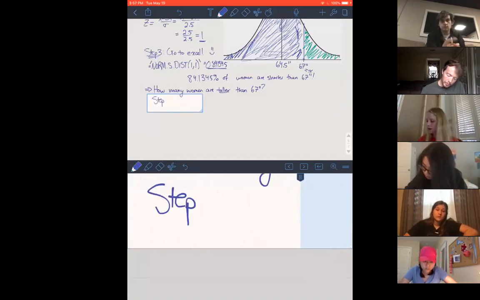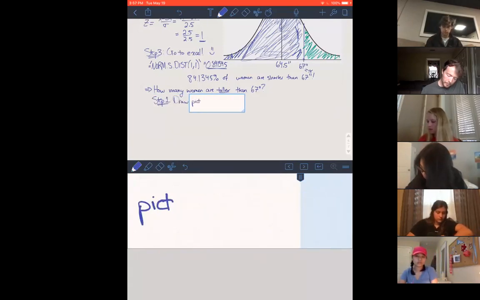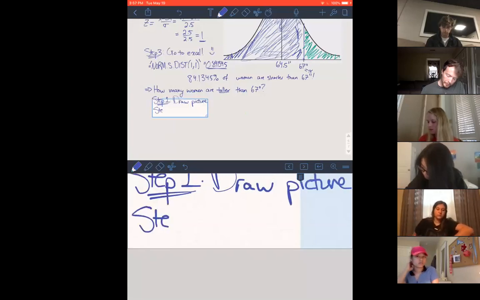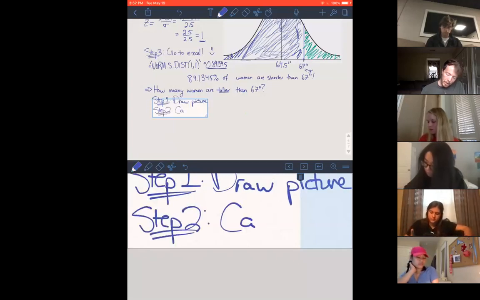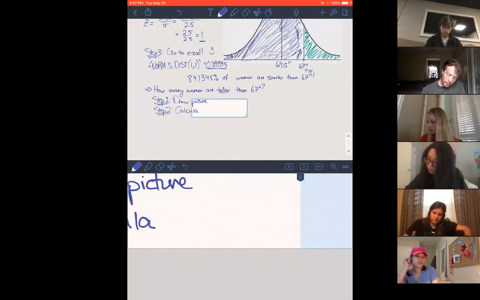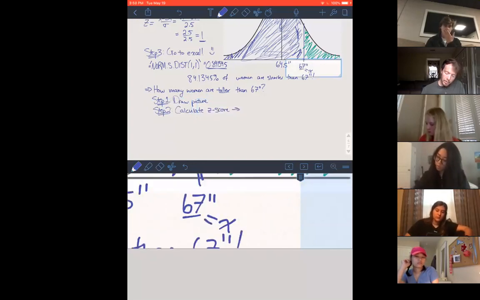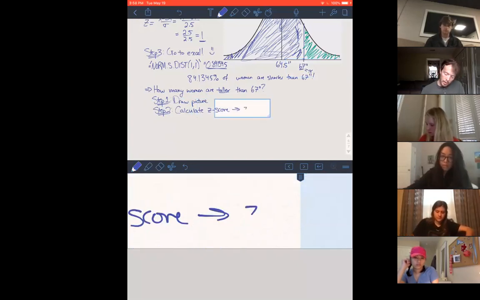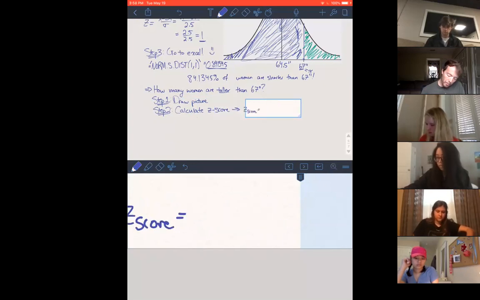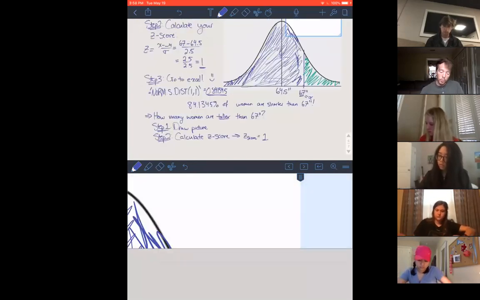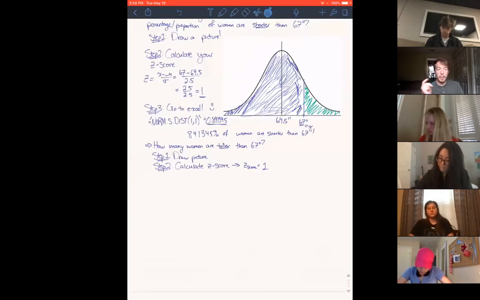Step 1, draw a picture. Step 2, calculate the z-score. The cutoff here is actually the same thing. Now we're looking at everything above 67 instead of things below 67. So again, the z-score is going to end up being equal to 1. The difference, though, is when we go to put it in Excel, Excel only can give the area beneath a point, right? It doesn't give us area above a point.